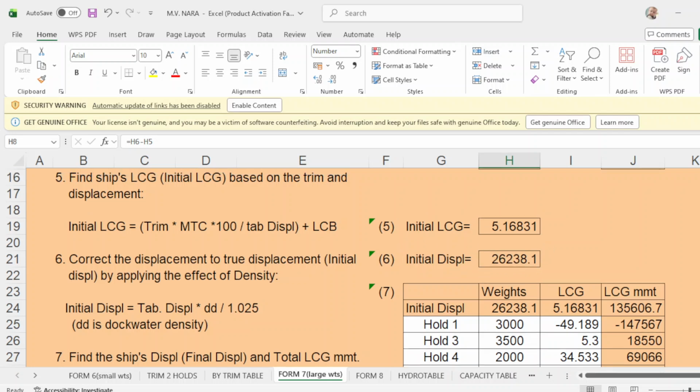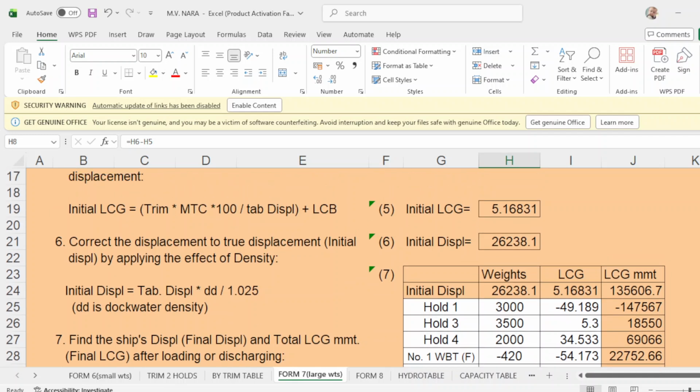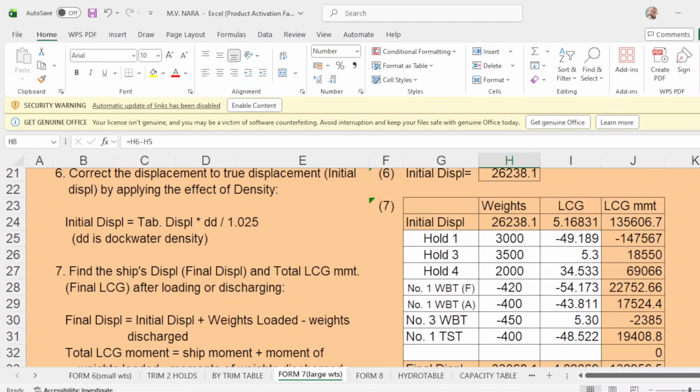Take note that your initial displacement is automatically put here in the weights, and your initial LCG is automatically put here above. Then you put all the weights of 1, 2, 3, 4, and the LCG and the ballast.